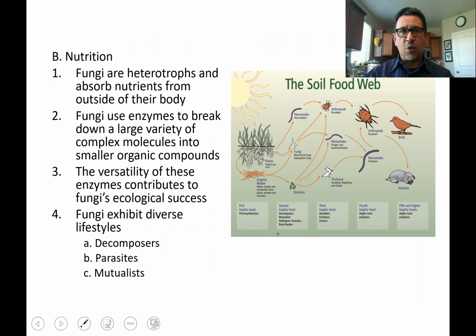All fungi are going to be heterotrophic, meaning they have to eat something else. Now, how they acquire the nutrients is going to be unique to mushrooms. Among the heterotroph multicellular organisms, fungi will be the only ones that absorb their food. They must first break down the macromolecules of the organisms they're consuming, and then absorb them through their plasma membranes.